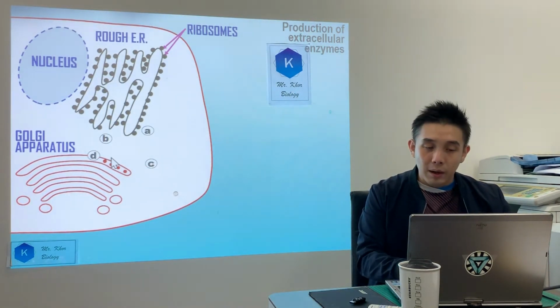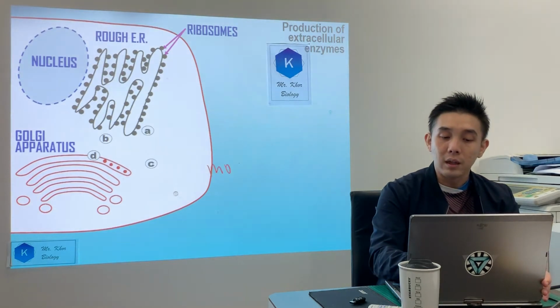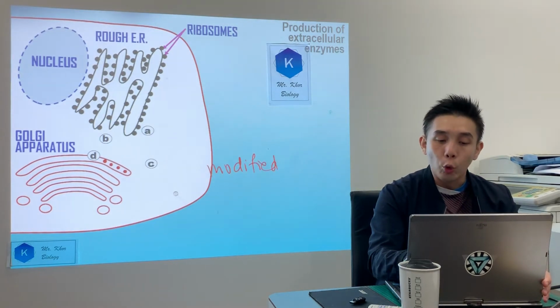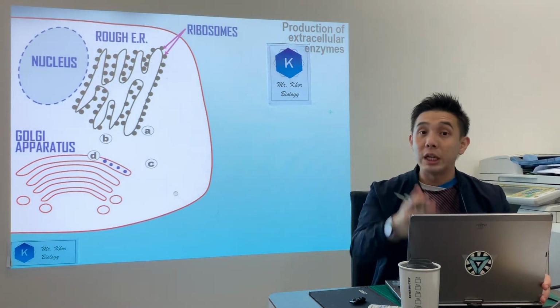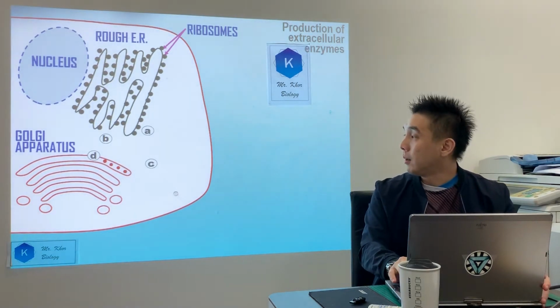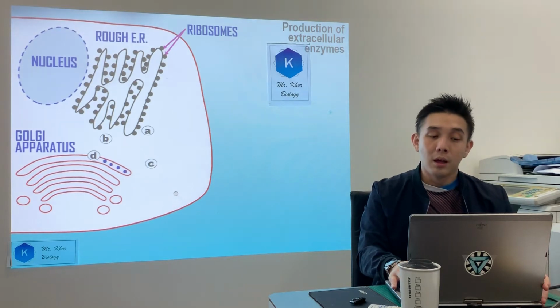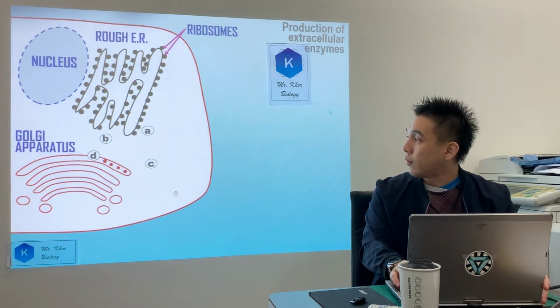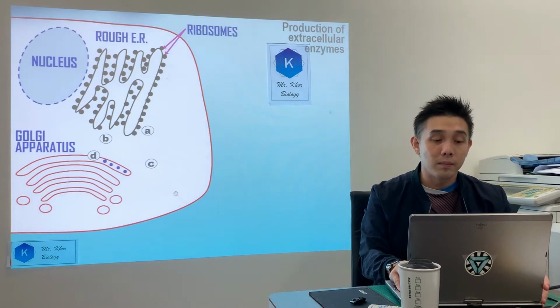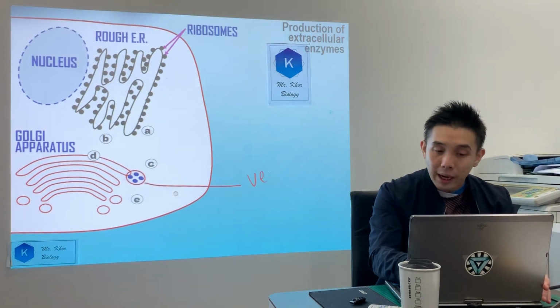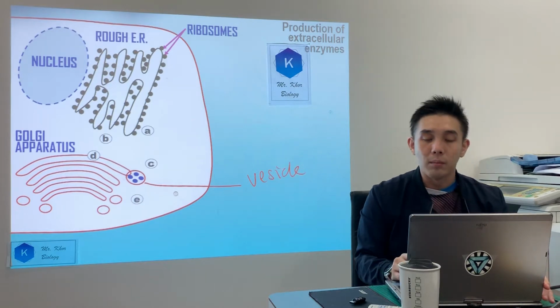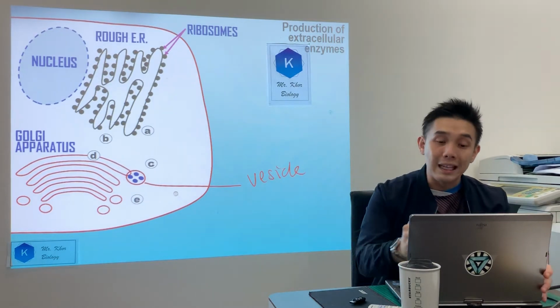In the Golgi apparatus, protein is modified, diubah suai. Protein is modified. Can you see the change in color? So protein becomes enzyme. Then the enzymes are packed into a vesicle, but not a transport vesicle anymore.